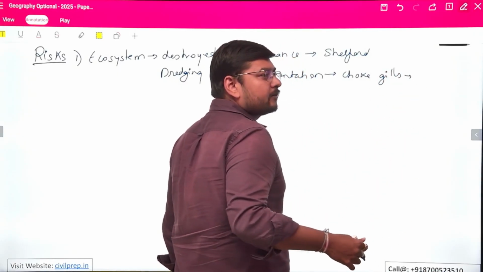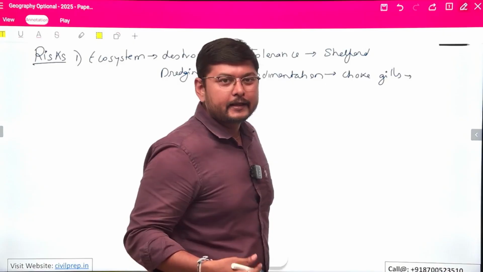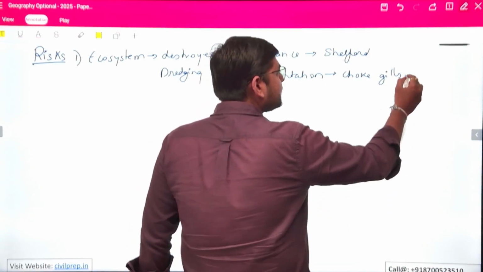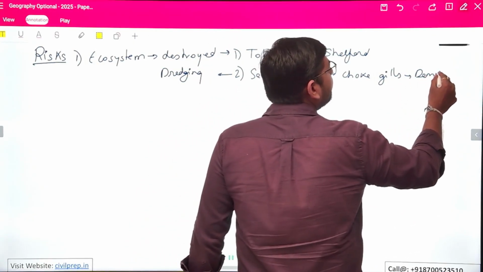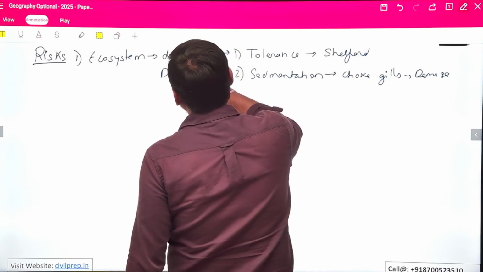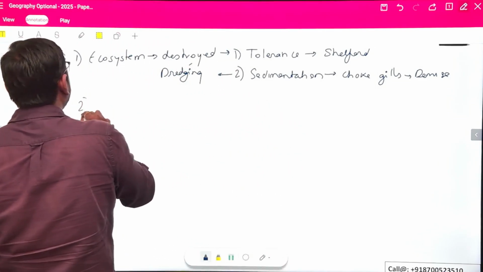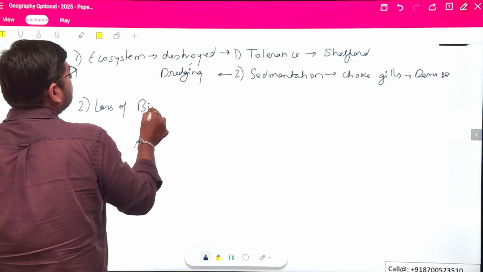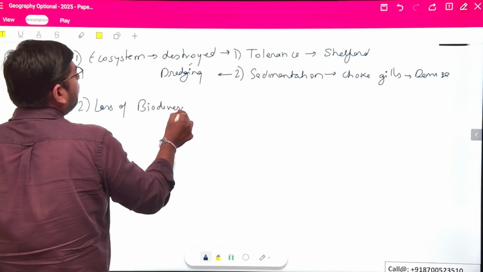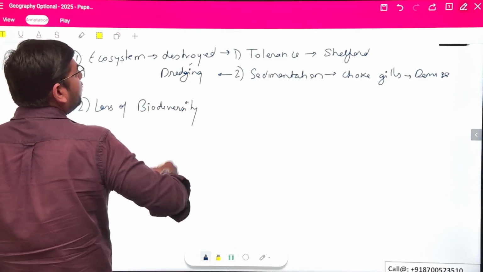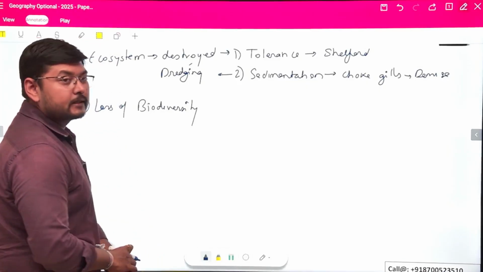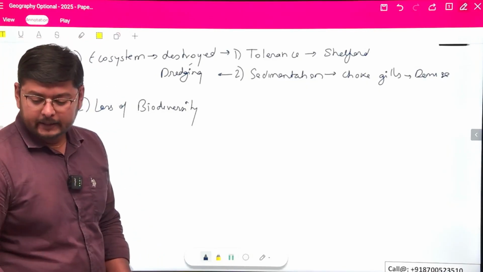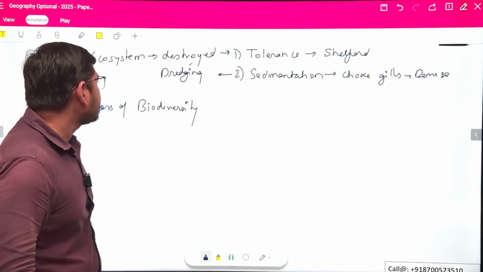Because of this, they won't be able to clear them out, and it can result in their demise. It will result in the loss of biodiversity in those particular regions.